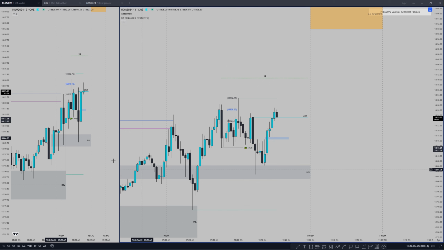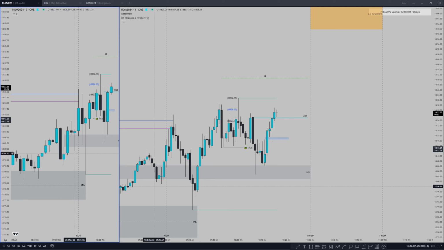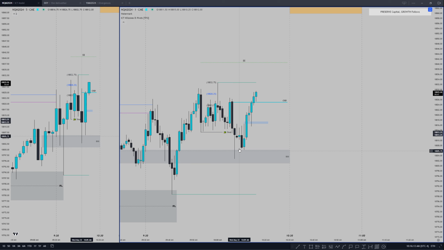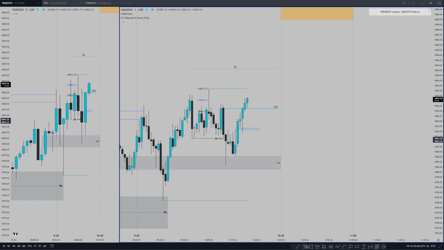Like in here, if you go to this 9:40 candle, there's a wick, taps the wick and then leaves it. But on the lower time frame, the 1 minute, there's a gap here, wicks it. It's the same thing in here. Wick, fills it, leaves, short-term low. This is now technically an intermediate term low.